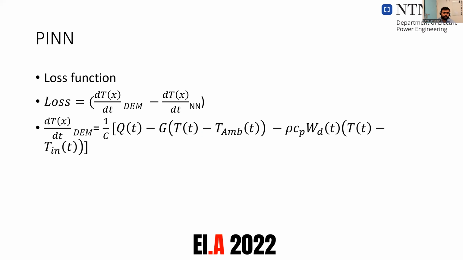So this is the physics-based loss function in which, during training, the neural network will try to reduce the difference between the gradient estimated using the differential equation and the gradient estimated using the neural network, so that the neural network can learn the physics behind the single zone model.